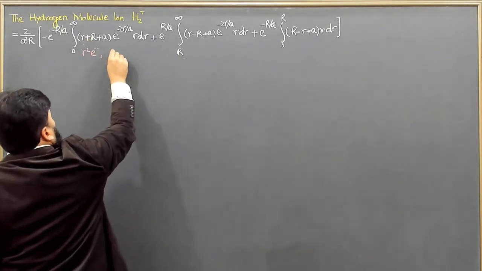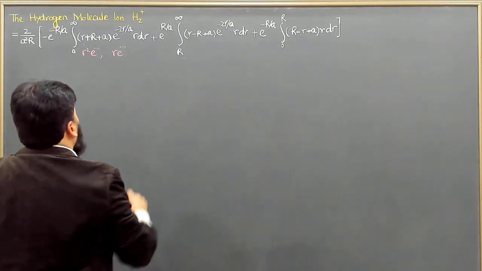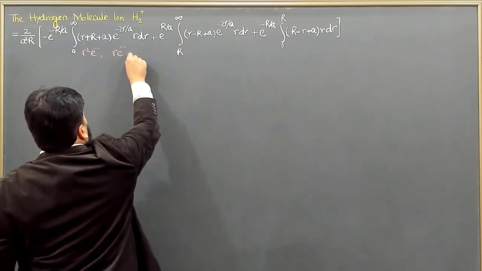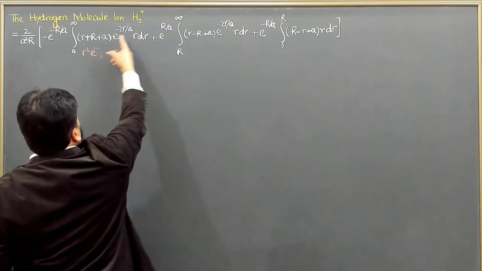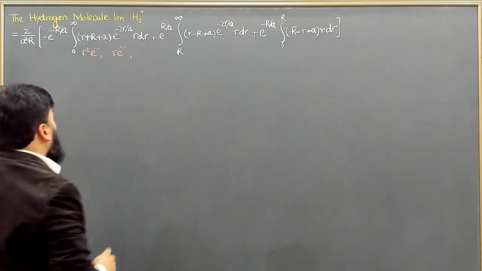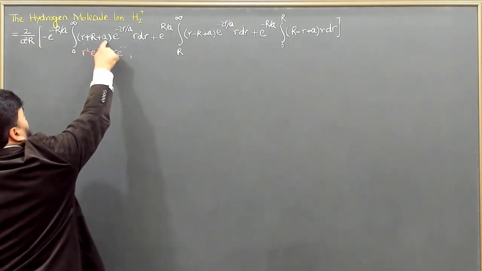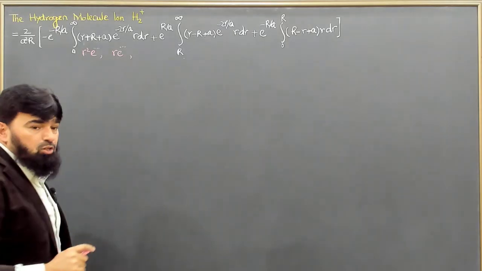So the next integral is basically r e to the power this. And then the next will be only a and this with r again. So the second and third are basically with r, while the first integral is with r squared.